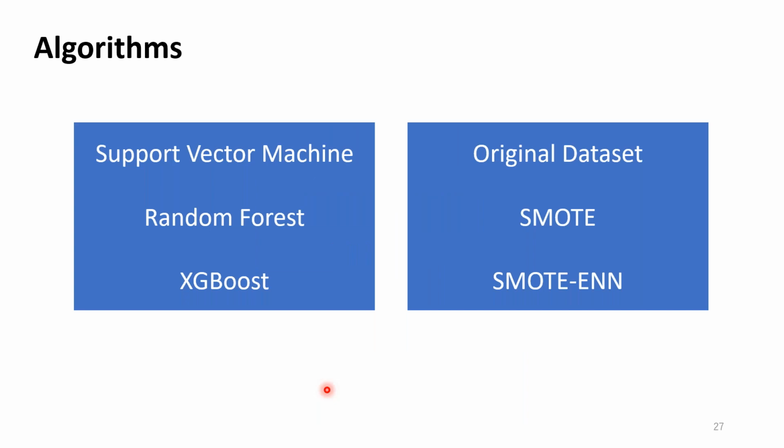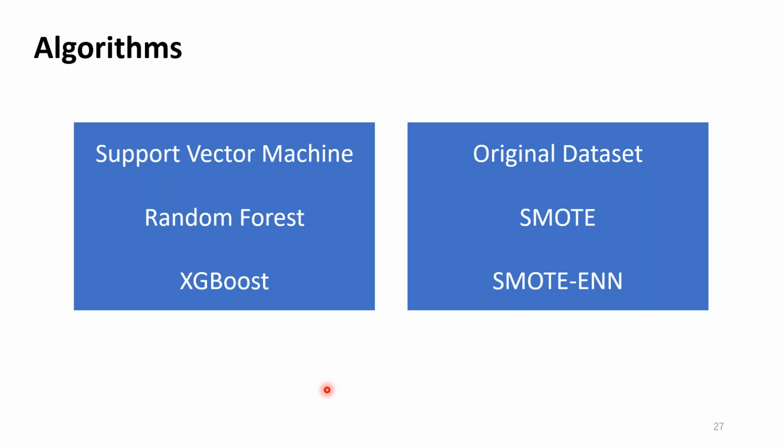Here, as the algorithm, I apply XGBoost to customer churn prediction and compare XGBoost performance with those of other classification methods. We chose the other classification methods based on performance in previous studies. In the previous studies, random forest and support vector machine showed higher performance, so I used the support vector machine and the random forest for comparison.